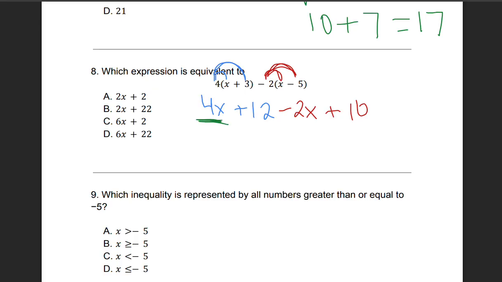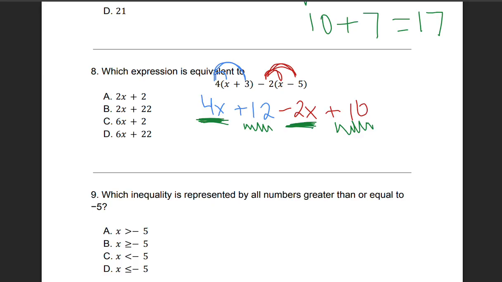Well, 4x, again, same variable, same exponent, and a negative 2x versus just those constants, meaning numbers on their own, a positive 12 and a positive 10. Notice my markings are different when I underlined each of these terms. That is to help me combine them without making mistakes.